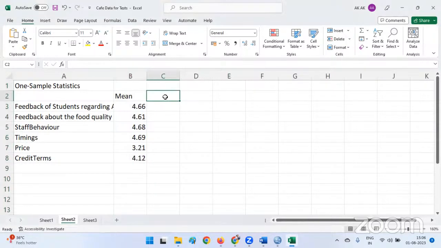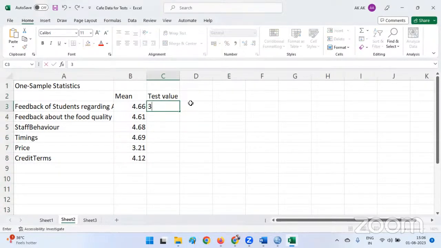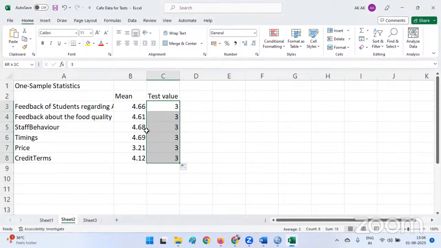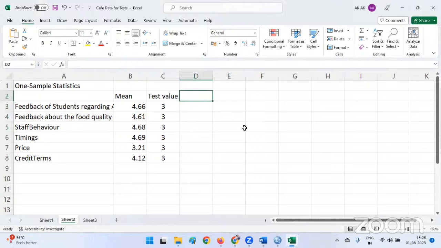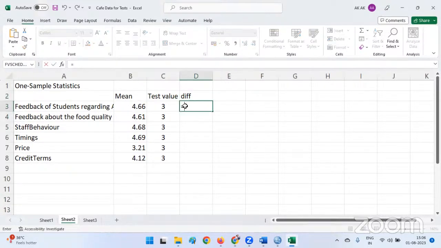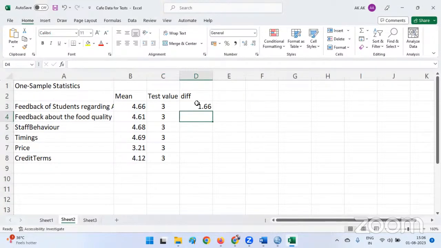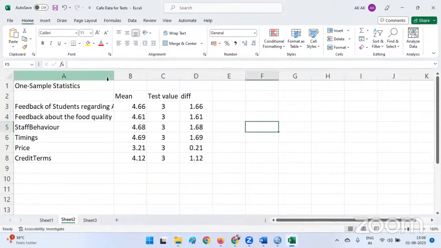What is the test value? 3. So putting 3 as the test value, what is the difference? This minus this. So this is the test value.